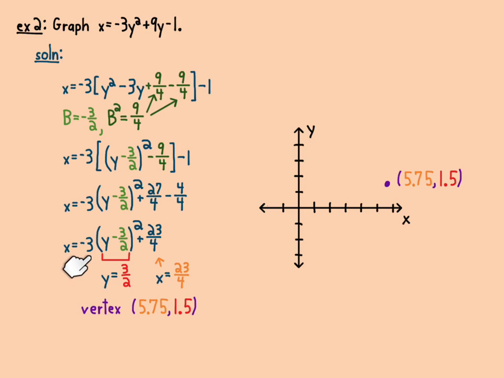Okay, and so it's sideways, so I'm going to go up or down, and then since it's negative, I'm going to go left 3 from this point, which will be somewhere around there. So up, left 3, down, up 1, left 3, down 1, left 3 from that point. And drawing a parabola, and that's it.